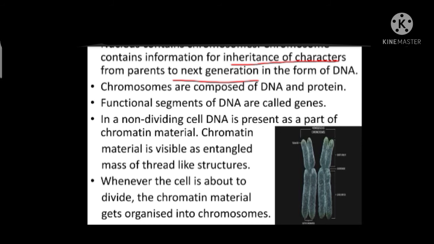So what is present in the chromosome? DNA is there. So chromosomes are composed of DNA and protein. What is DNA? DNA is deoxyribonucleic acid, and that DNA is responsible for transmitting the characters from the parent to the offspring.